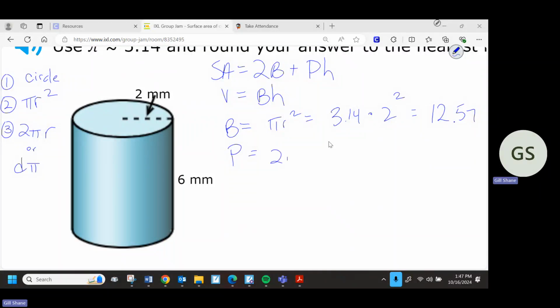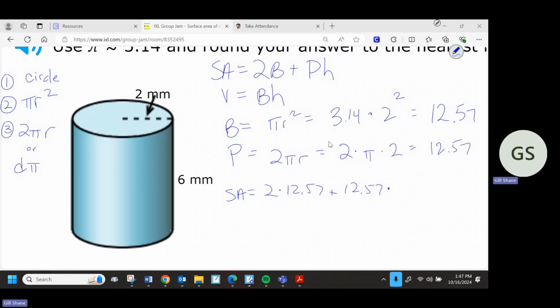So this is why I don't like them giving me a radius of 2, because you get the same answer. So you get the same number actually for the capital B and the P. So if you plug those in, surface area equals 2 times 12.57 plus 12.57.